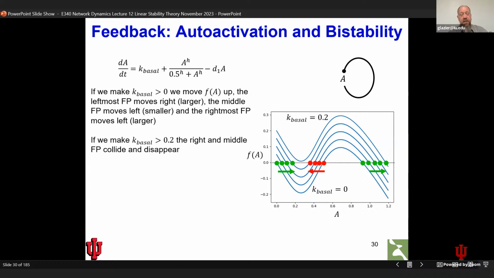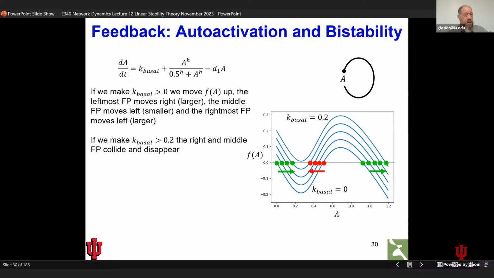On the other hand, that stable fixed point around 1 never disappears, no matter how much I move up. If I made k-Basal negative, I could get it to disappear, and then only the lower value would stay. But that's not biologically meaningful. I can't have a negative transcription rate.